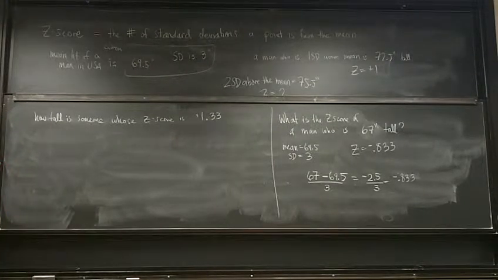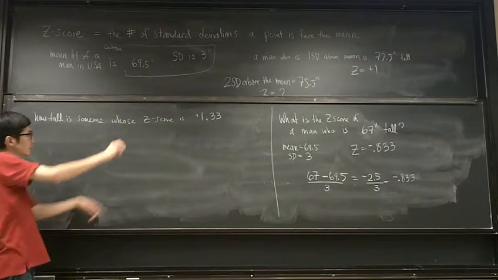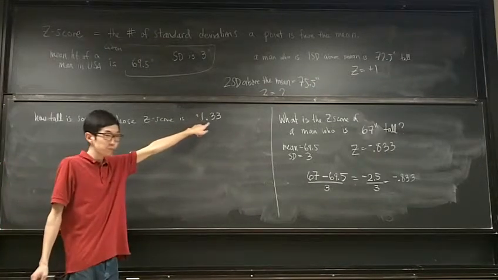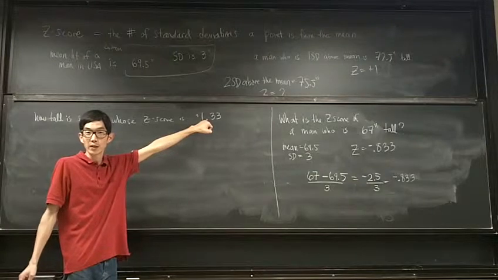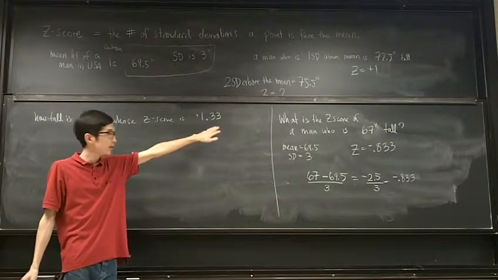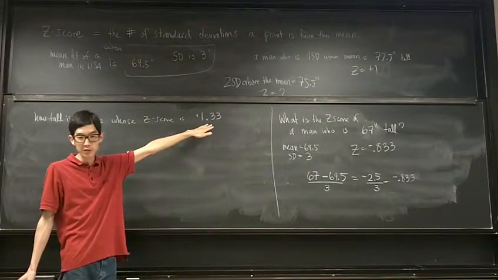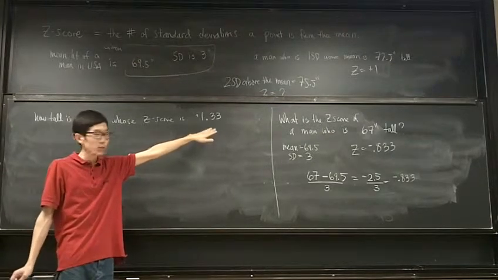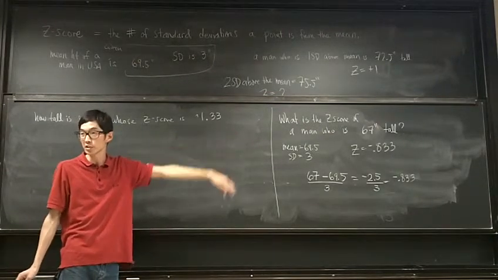Yep, 73.49, 73.5, okay? So again, a z-score tells us what? How many standard deviations we are from the mean. How many standard deviations away from the mean is this person? 1.33 standard deviations above the mean.